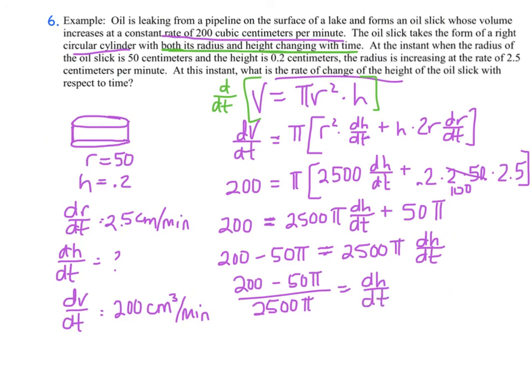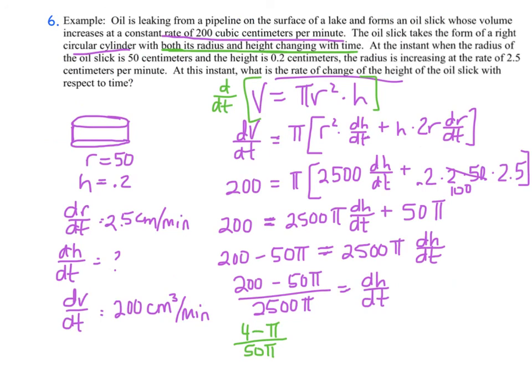So it's a pretty ugly answer. And actually, I could do one thing. I could divide everything by 50, and so I would get (4 minus pi) over 50 pi. It's a little bit better, but it's still pretty ugly. I cannot simplify that any further. And so that is my dh/dt, but of course I need a unit of measure. dh is height.